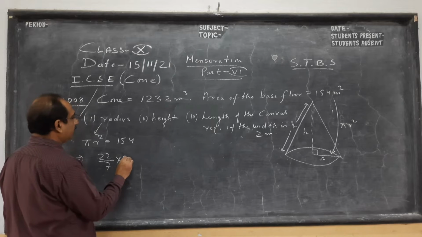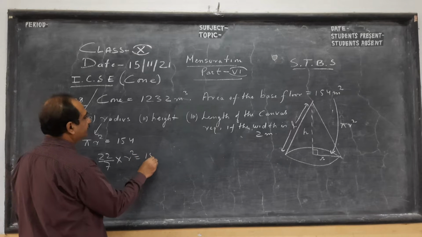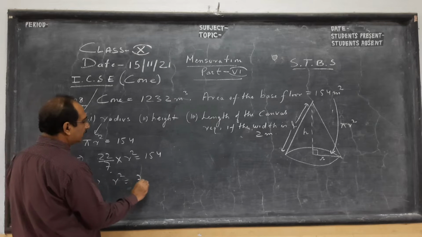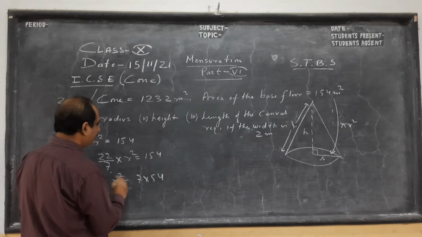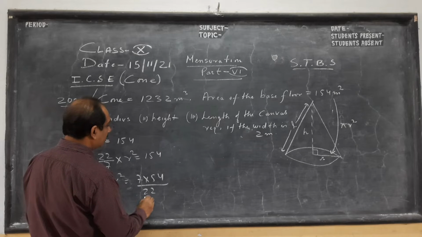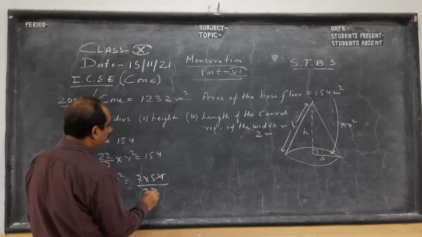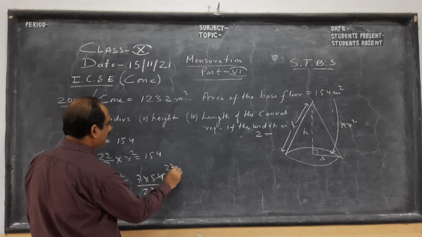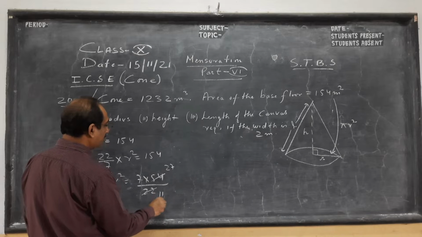Pi, when nothing is given, you take 22/7. So here we solve for r square: 7 will go up, 154 and 22 will come down. We can cancel with 2.